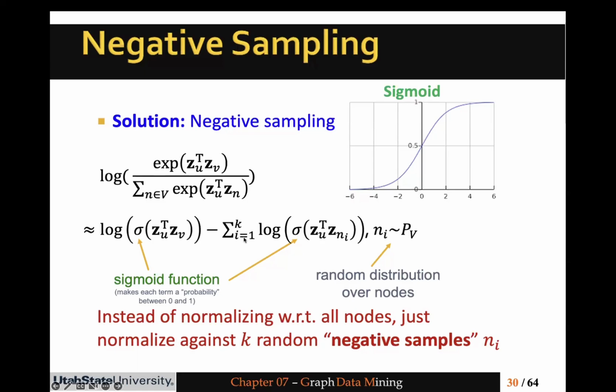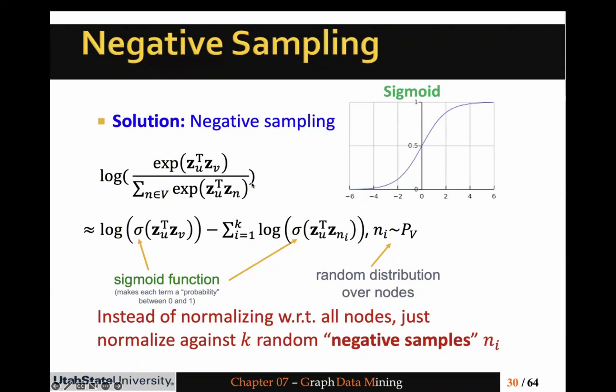So in other terms, if I pick only k random samples, which I call here negative samples, those will be the representative samples of my whole node set in my network, right? Because at random, if we say that k is equal to 5, 10 or 15, these are enough samples to represent the whole node set that I have in my network.